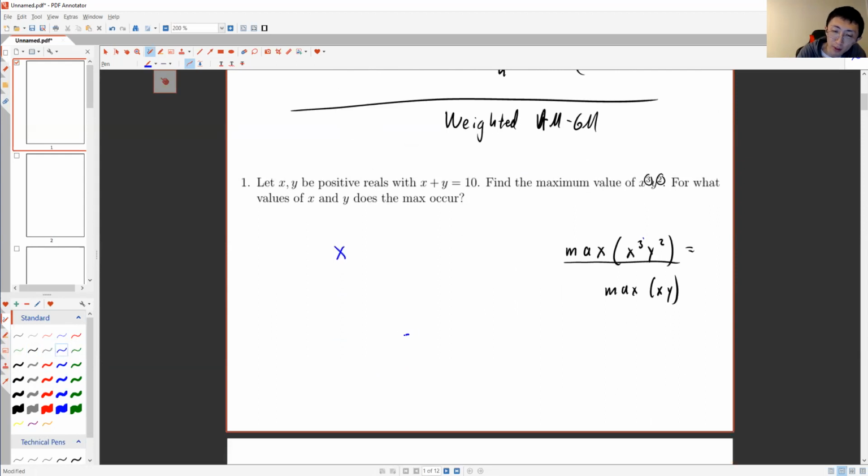Let's say I have 3x plus 2y equals 10, and I want to max x cubed y squared. Here I have some coefficients. Does this suggest anything on how I might use AM-GM a bit more creatively to find the max value of x cubed y squared?